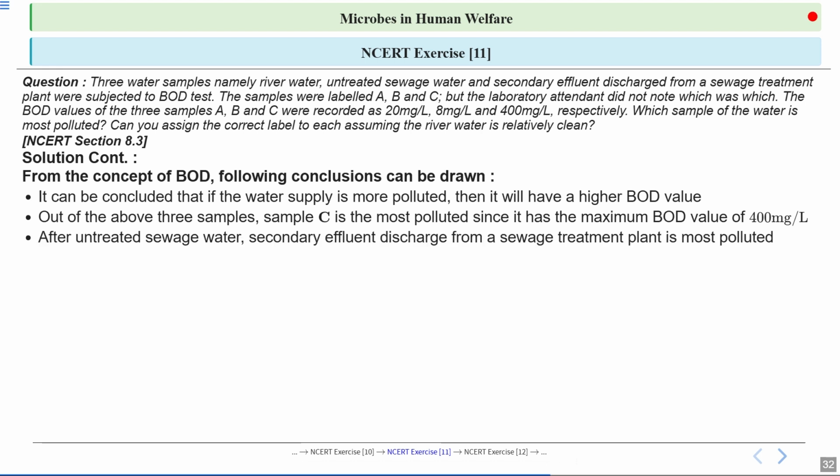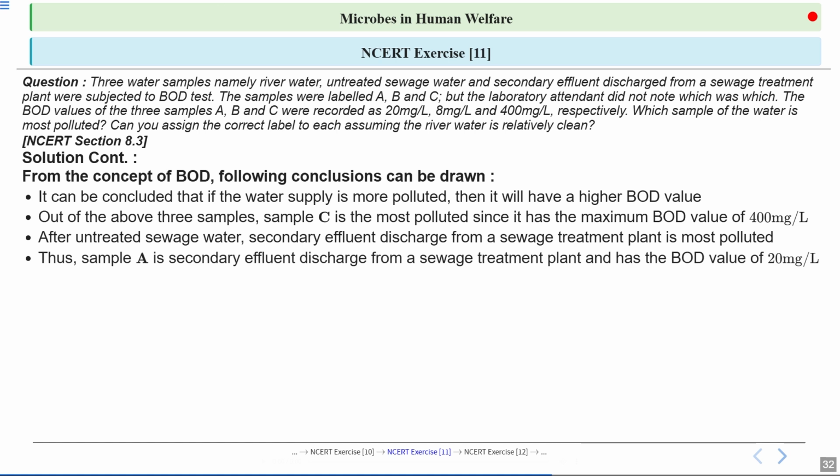After untreated sewage water, secondary effluent discharge from a sewage treatment plant is most polluted. Sample A is secondary effluent discharge from the sewage treatment plant and has the BOD value of 20 mg per liter. Sample B is river water and has the BOD value of 8 mg per liter.